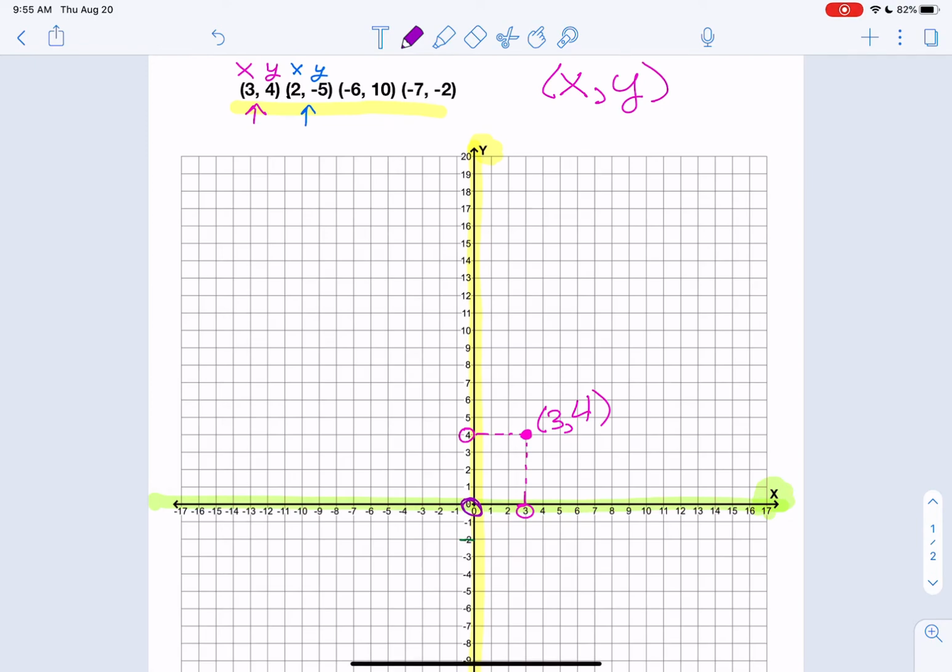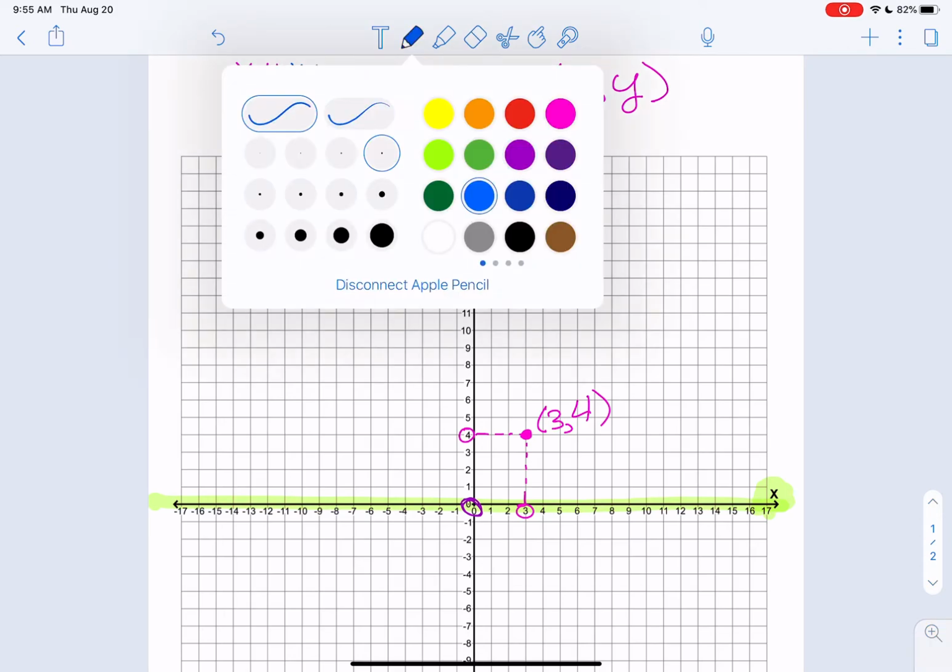All the numbers above the (0, 0) on the Y are positive, and below the (0, 0) on the Y are negative. And for the x-axis, all the numbers to the left are negative and all the numbers to the right are positive.